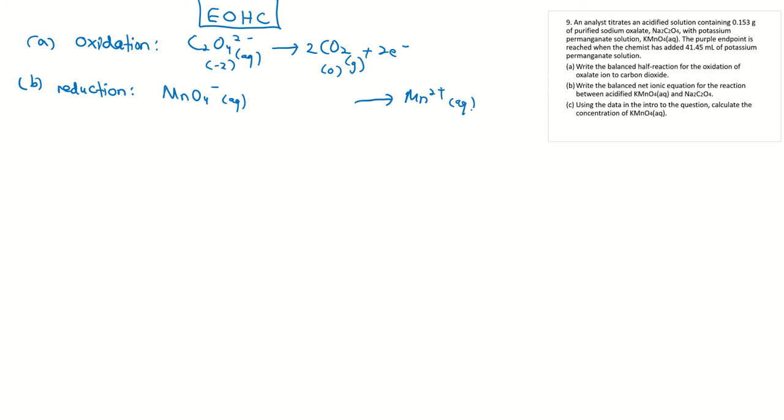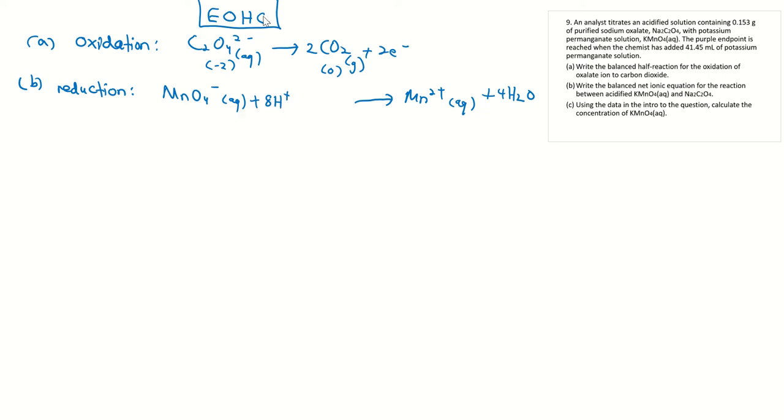First balance the element: 1 mole of manganese on the left side and 1 mole on the right side. Next, balance oxygen. On the left side we have 4 moles of oxygen, so you have to add 4 moles of water on the right side. Then on the right side there are 8 moles of hydrogen, so you have to add 8 moles of H+ on the left side.